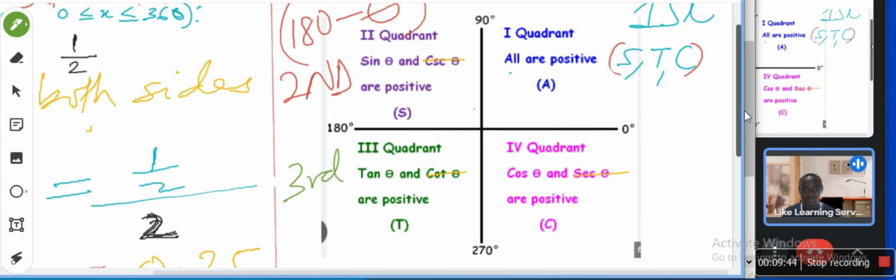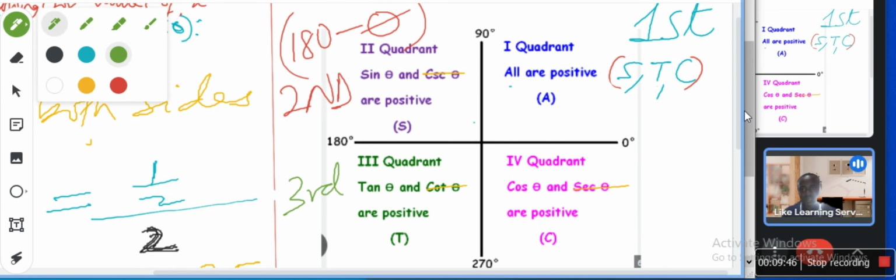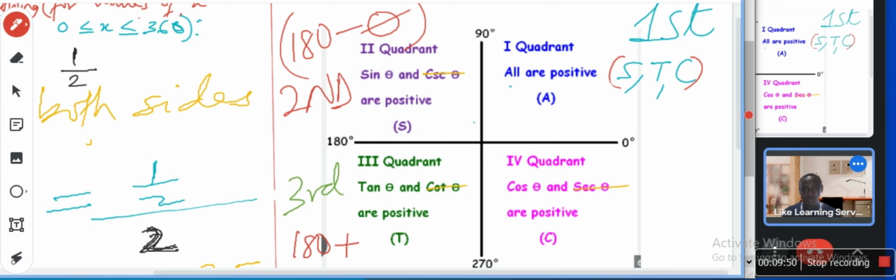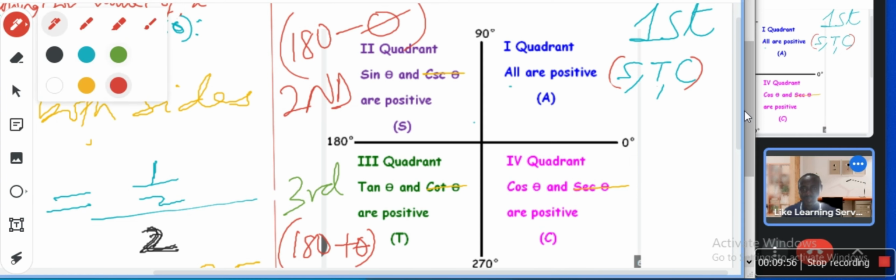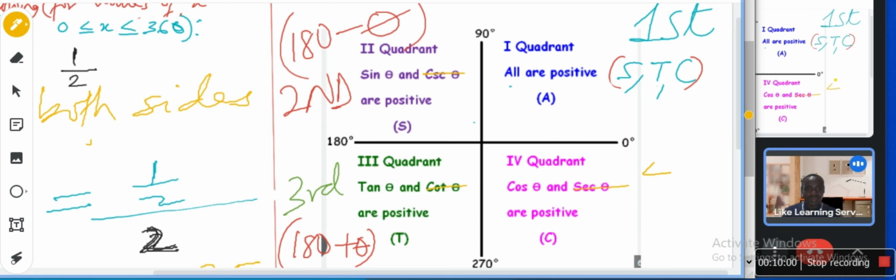Don't worry, it will keep getting better as I progress. In the third quadrant, you will do 180 plus that theta. In the fourth quadrant, you're going to do 360 minus that theta, where theta is the angle you found.